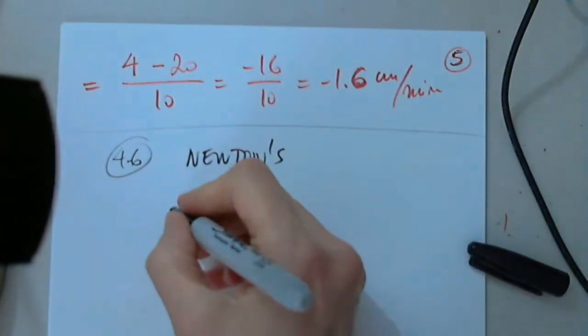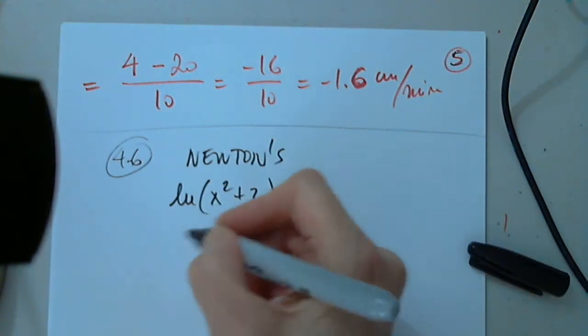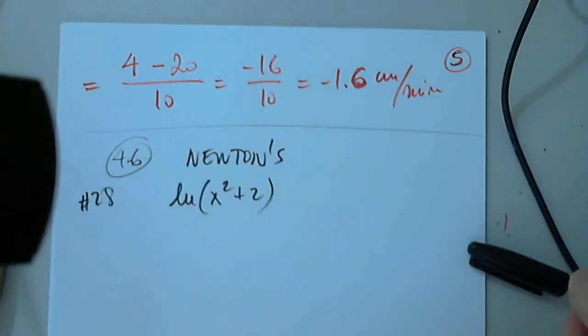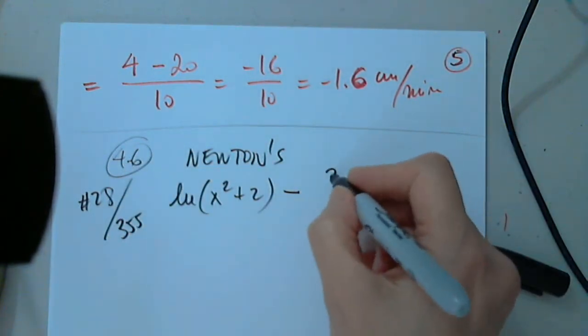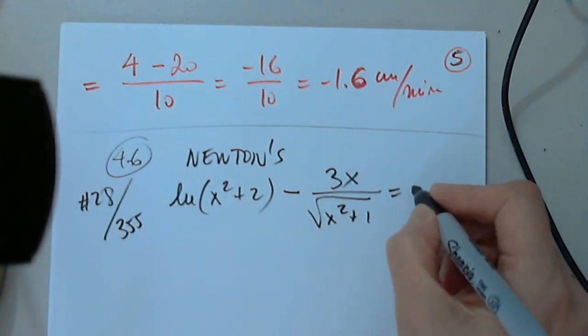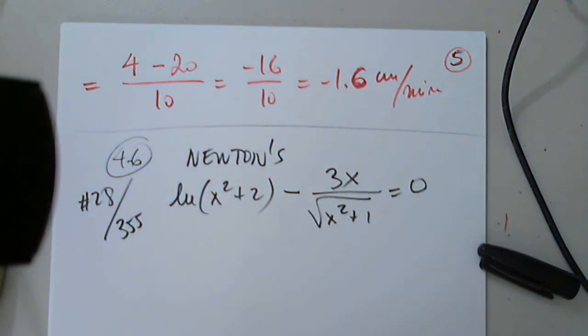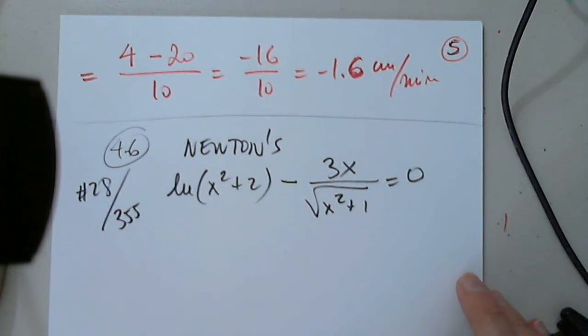Let me copy it. So natural log of x squared plus 2. So this is 28 and the page 355. And I'm going to write it correctly already. 3x over the square root of x squared plus 1 equals 0. Good. Perfect pick. Thank you very much. It's always easier when students pick for me.